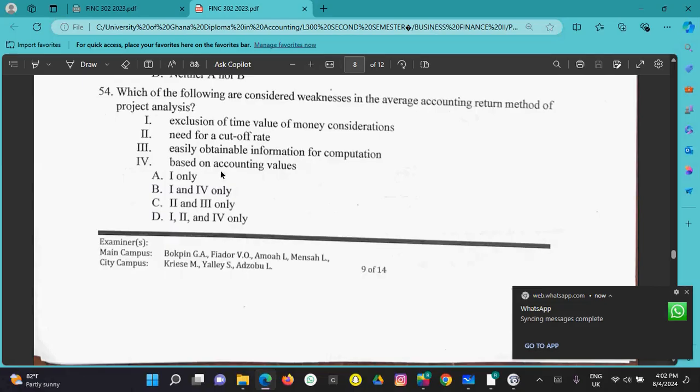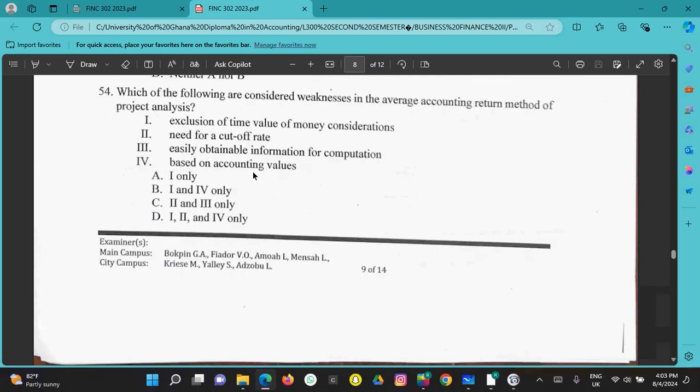And then it is also based on accounting values, and accounting values can be either cash or on credit, right? That's what it means here. So 54 is B.